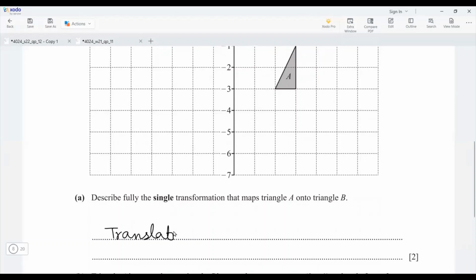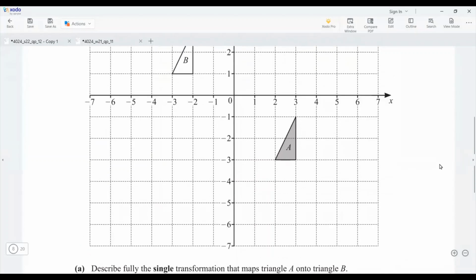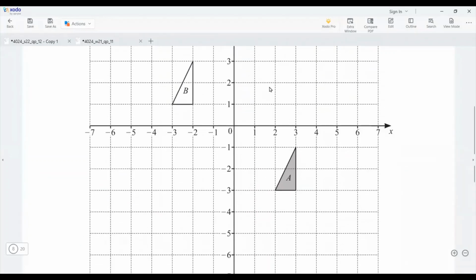And next thing in translation, we have to give the column vector. So what is a column vector? If you take any of the corresponding points, I'm taking this point on this triangle, and similarly this point is moved to this point.